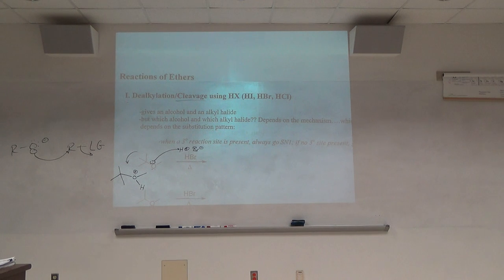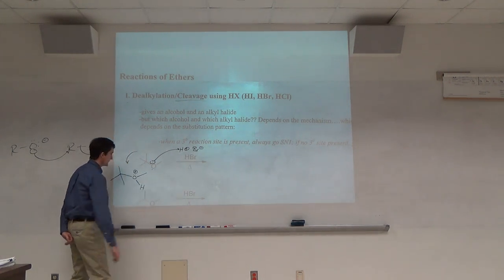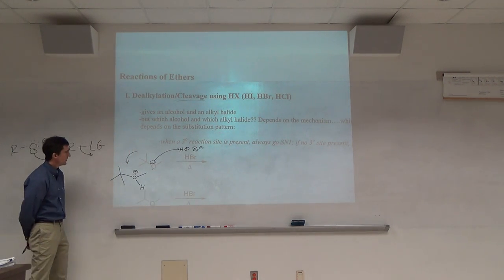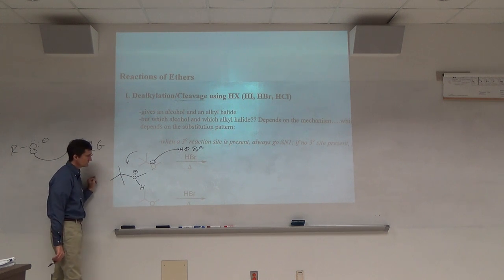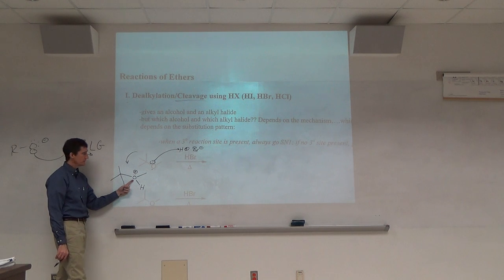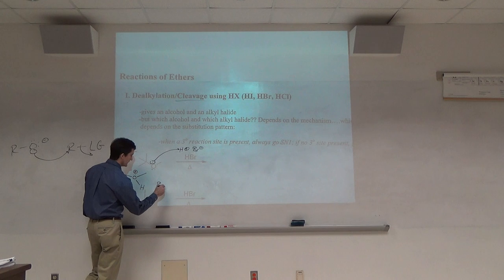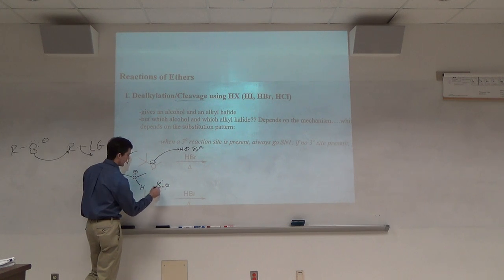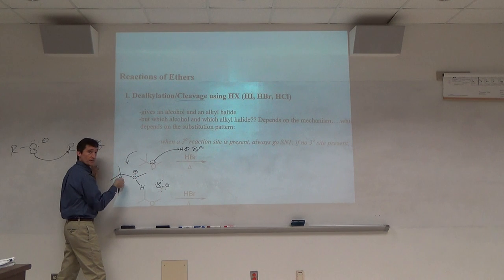Let's think mechanistically to help us predict the chemistry. We do have a Br- there. What can you do next? This is a good leaving group. What could the Br- do? Could it attack this carbon and kick off the oxygen?